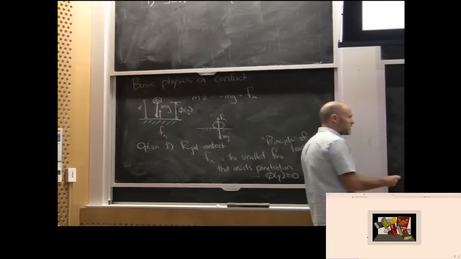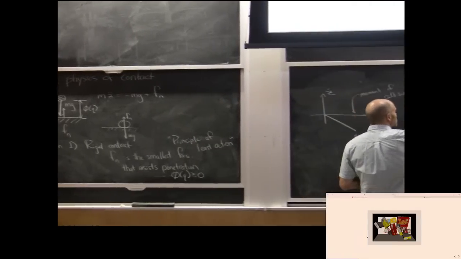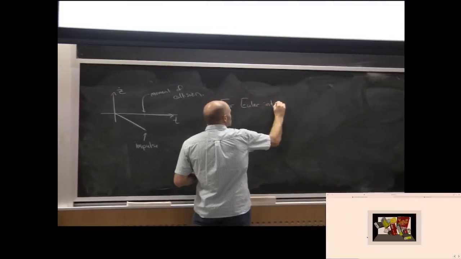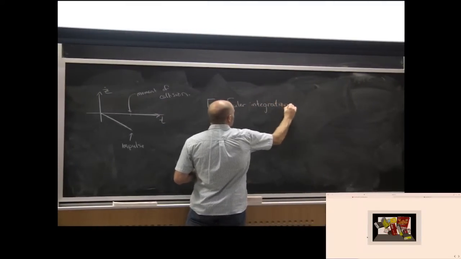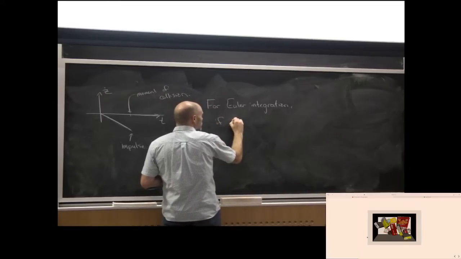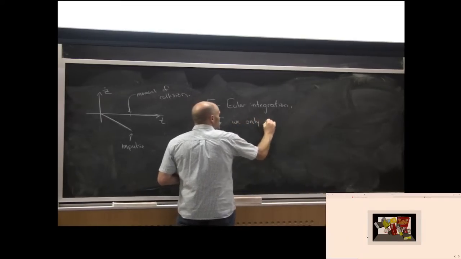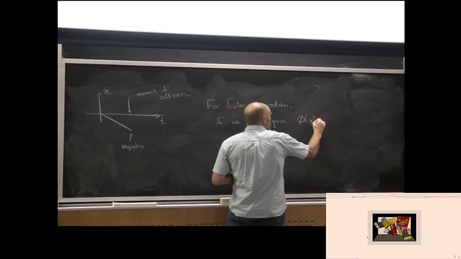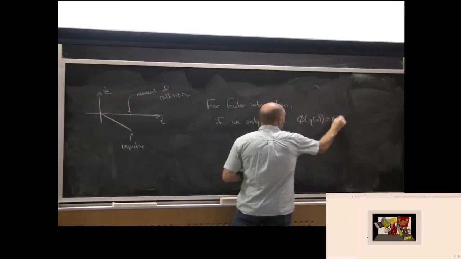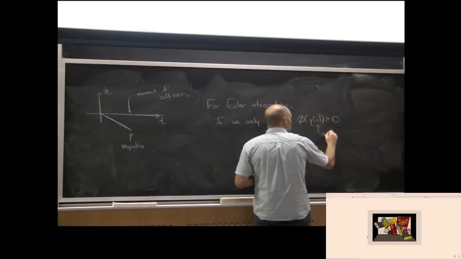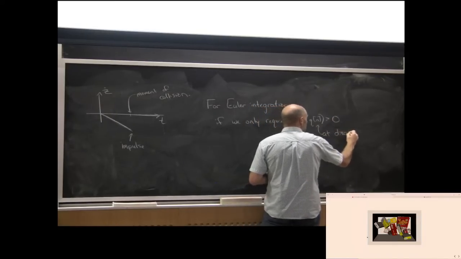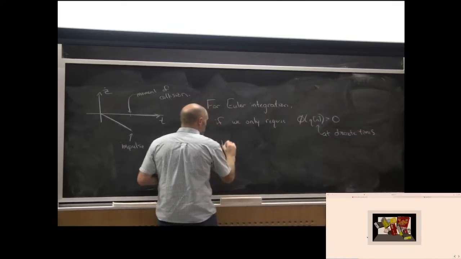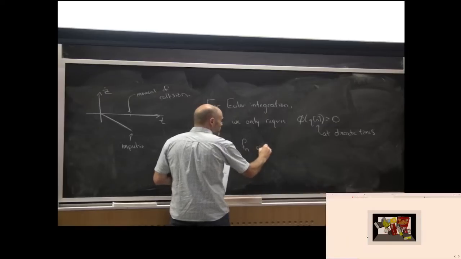So for Euler integration, if we only require phi of q at certain n to be greater than or equal to 0, at discrete times, then F_n can be finite.